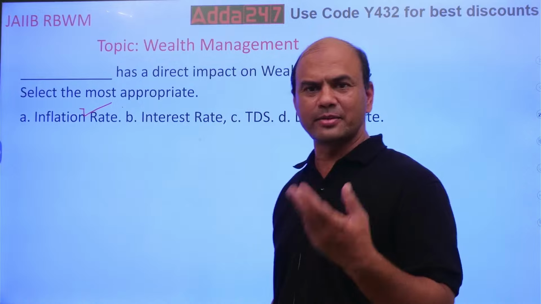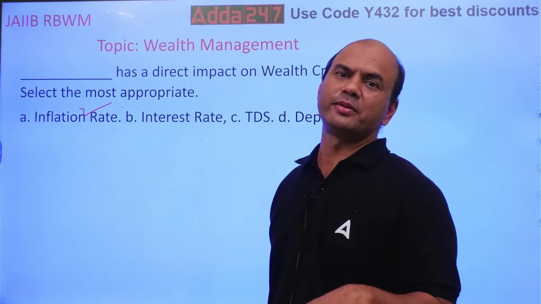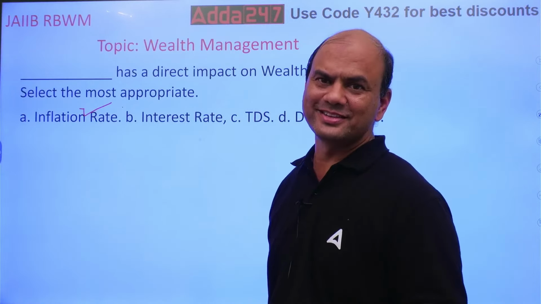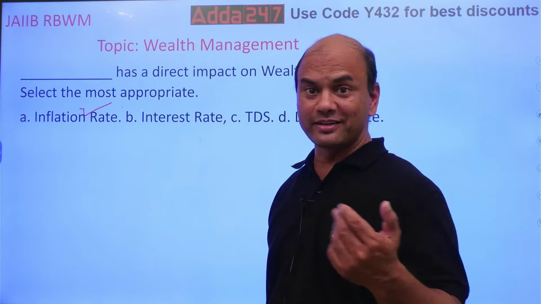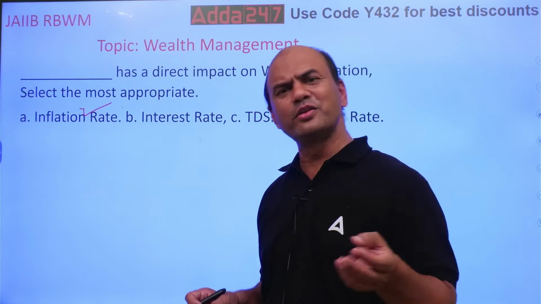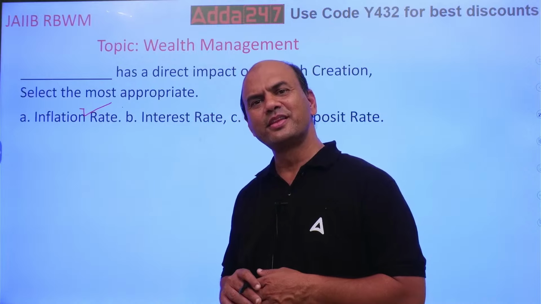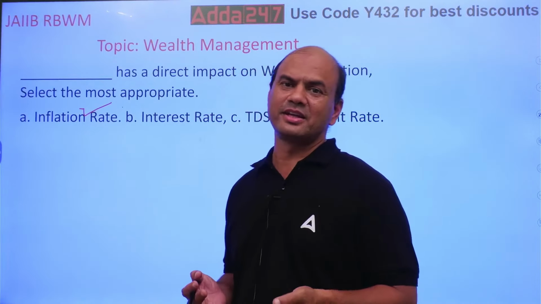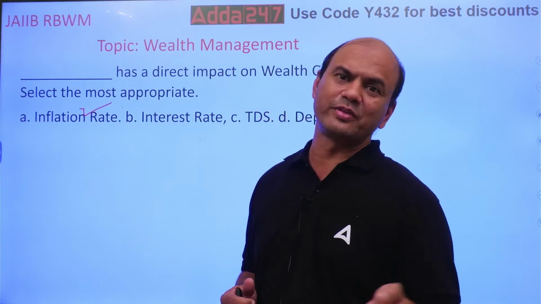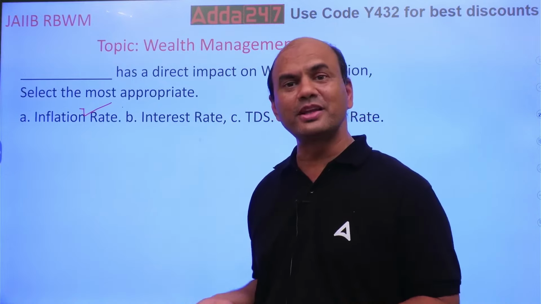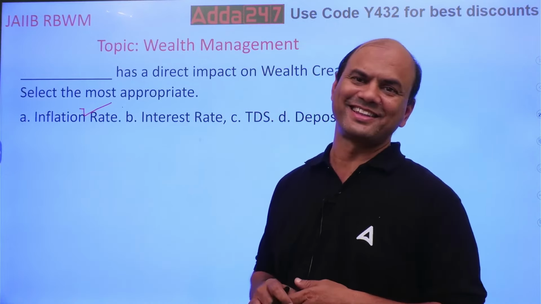Because 7% is coming in and 6.5% is going out in inflation for that year. So you are earning only 0.5. If you are earning 7% in FD and your inflation is 9%, you are losing money, you are not earning anything. Okay?